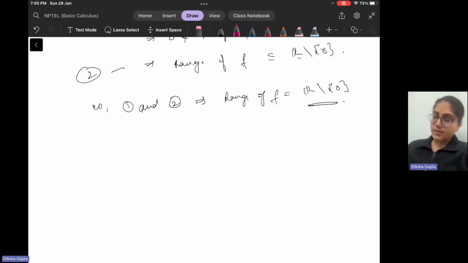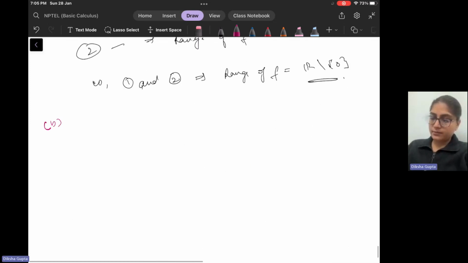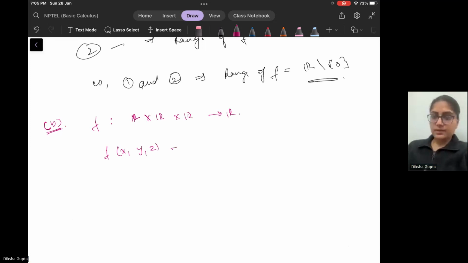Now, some more examples. Part B: we are given f from R cross R cross R to R, three tuples in R3, so f(x, y, z) is the square root of 1 minus x square minus y square minus z square.